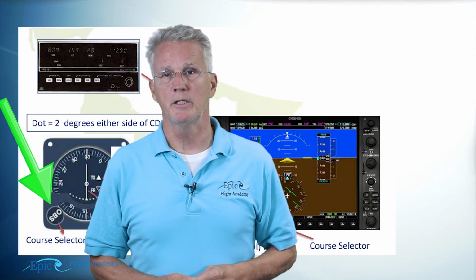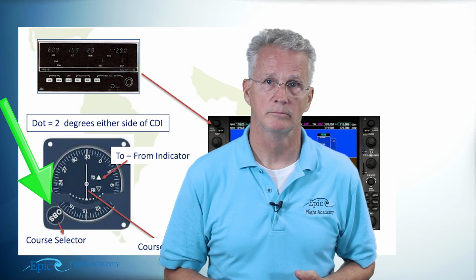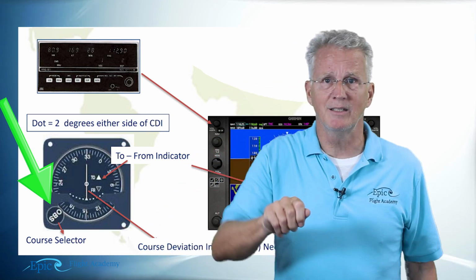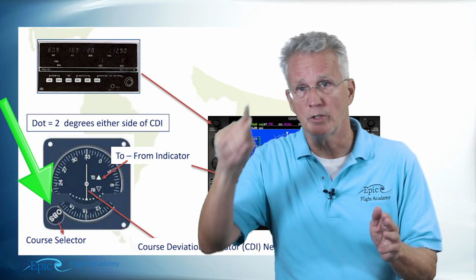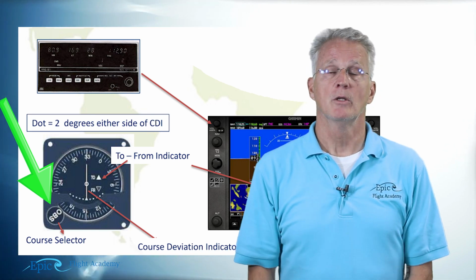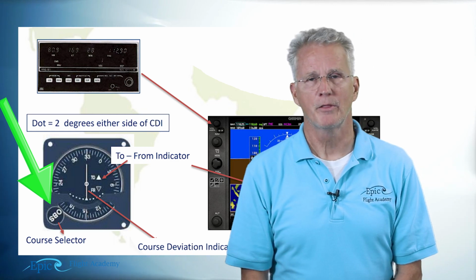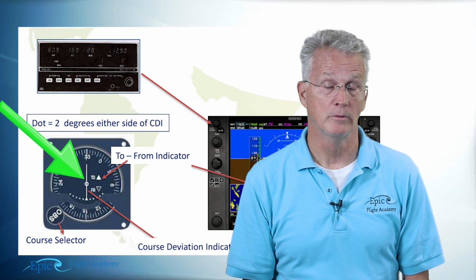That means Omni Bearing Selector. Well, what's the OBS? What's an Omni Bearing Selector? It means I can dial this navigation instrument and determine which of those 360-degree radials I would like the instrument to tune into.